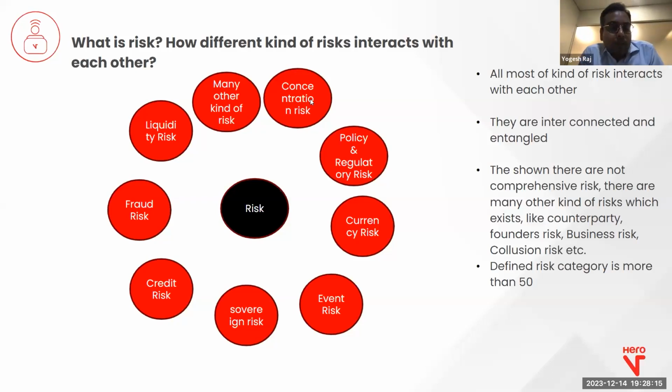Fraud risk is nothing but, right at the start, the borrower who is taking money had a bad intention, and does not want to repay. They just want to, in a way, trick you, take the money and go away.